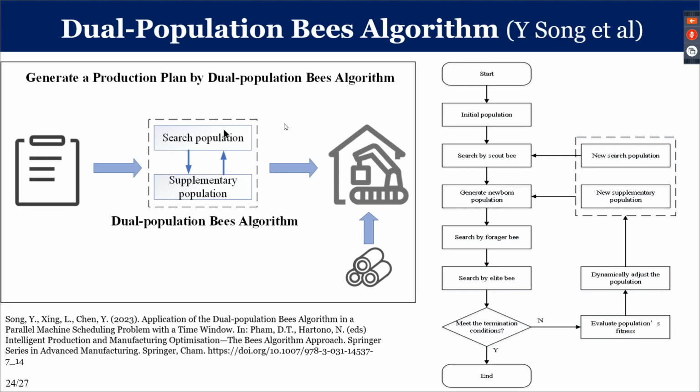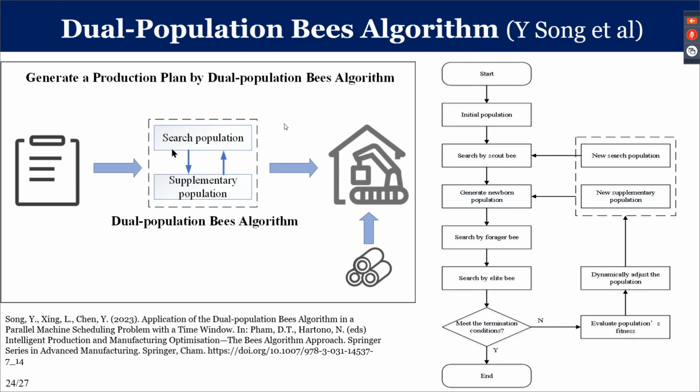The total population consists of the search and the supplementary population. So the bees in this population are above average bees, and the bees in the supplementary population are below average bees.